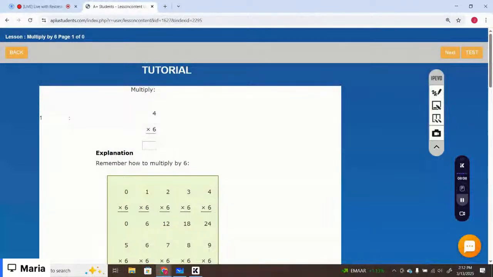4 times 6. You can count the table of 4 until 6 or 6 until 4.